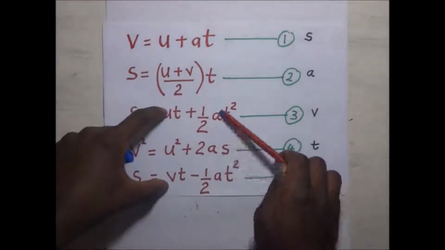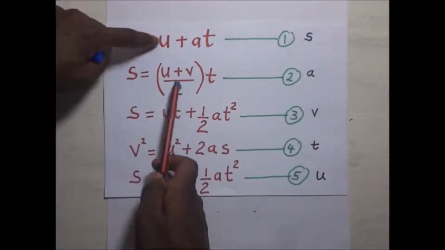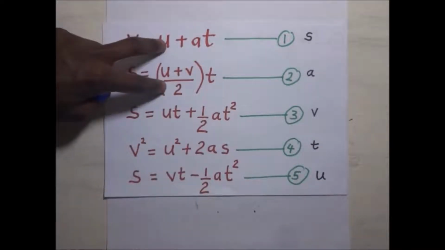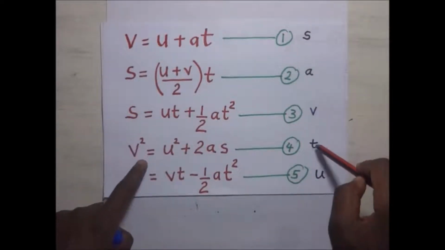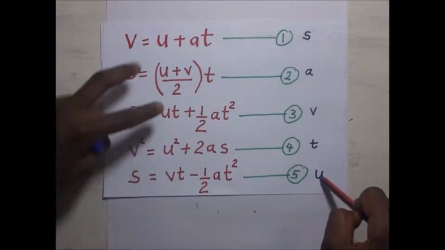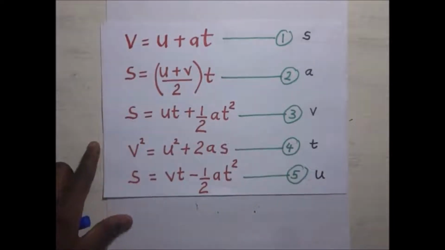And then all these other three equations of motion were derived by substituting these two. We substituted these two in such a way that we eliminate v, we eliminate t, and we eliminate u to be able to attain these other three equations.